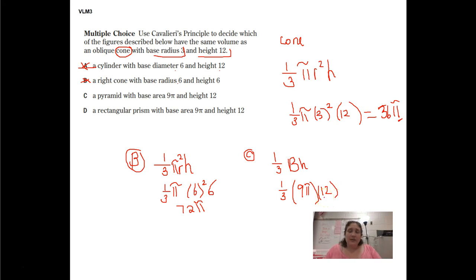So we're going to do 9 times 12 first, which gives us 108, divided by 3, gives us 36 pi. So our answer is choice C. Even though it doesn't make sense that you would have pi in a pyramid, because that base area included pi, that's how we know that that's our correct answer.